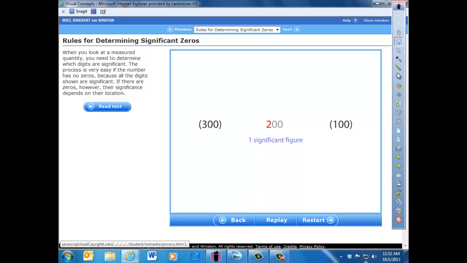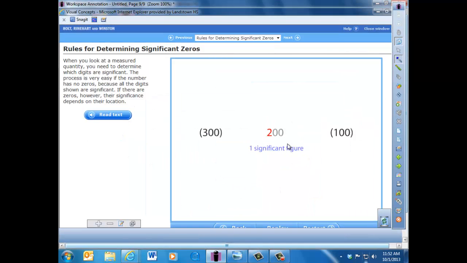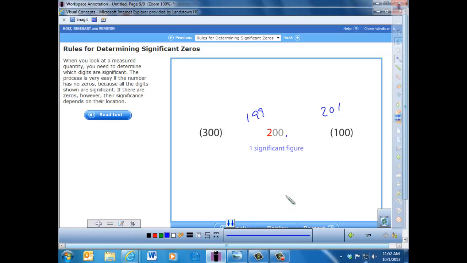Well, if you have the decimal place, then you are estimating between what? 201 and 199. The point is with this decimal place, 3 significant figures, you are estimating in the ones bracket. Without the decimal place, you are estimating in the hundreds. Okay.